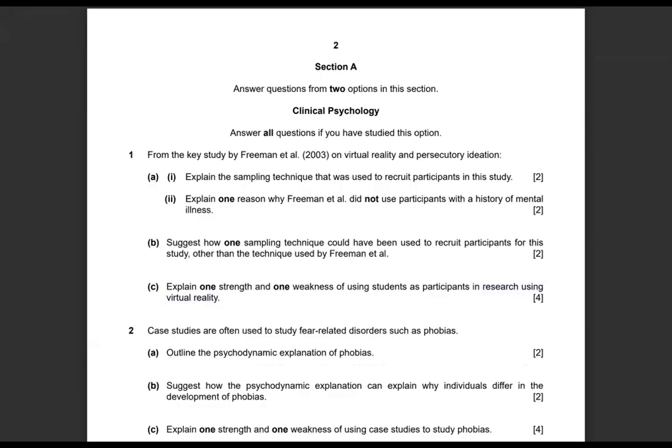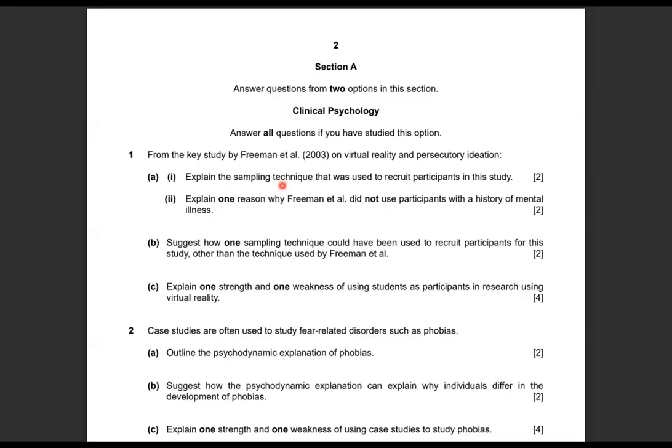So let's take a look at the type of research method related questions that they could ask you on these key studies. The question says, from the key study by Freeman on virtual reality and persecutory ideation, explain the sampling technique that was used to recruit the participants. As you can see, a research method related question on sampling technique. It's not going to ask you necessarily too many questions on the procedure.